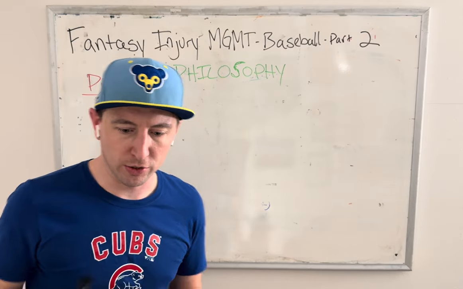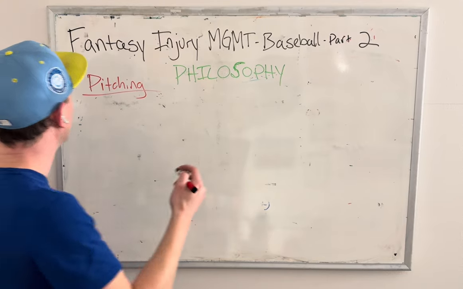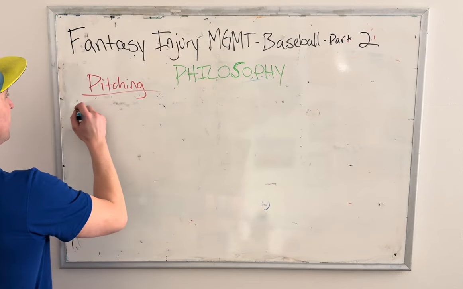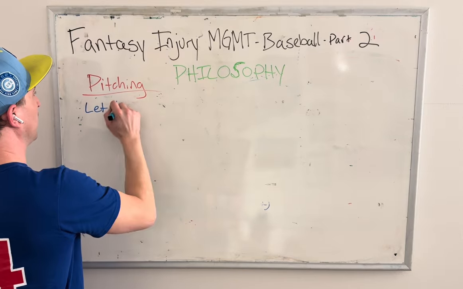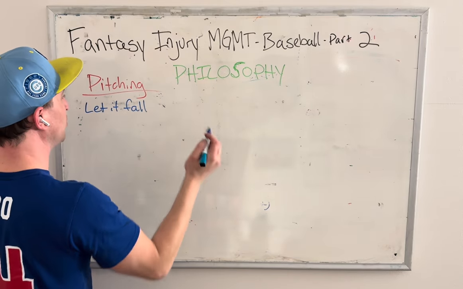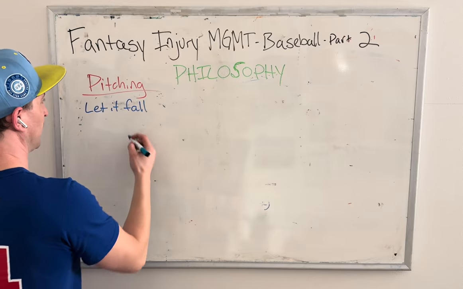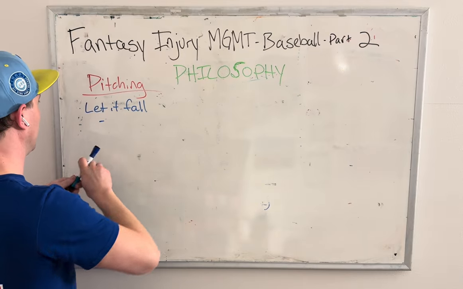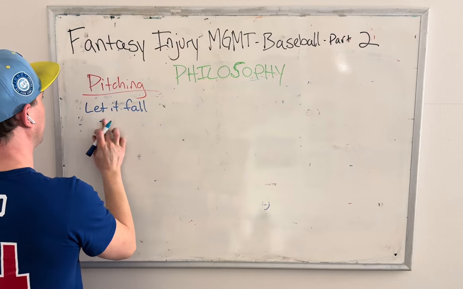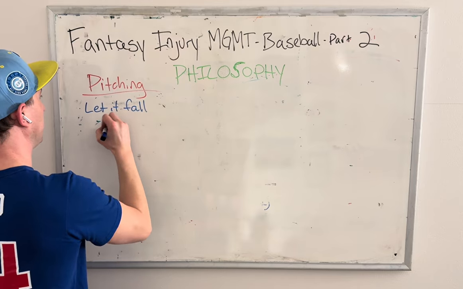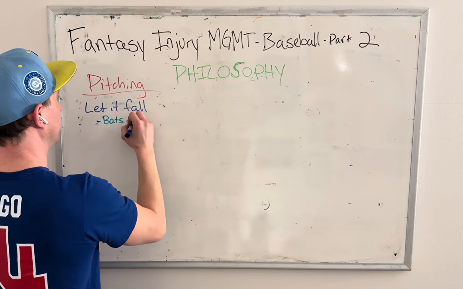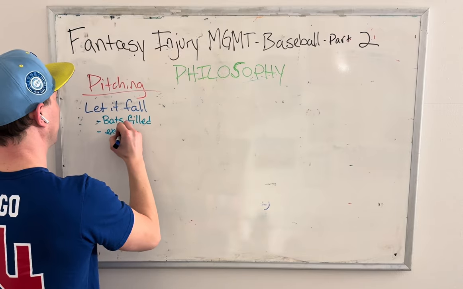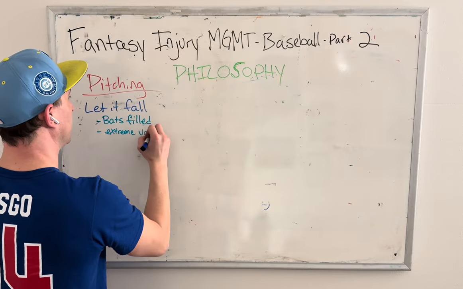All right, so as we discussed earlier, you want to let it fall. Let it fall until you can't help yourself any further. Let it fall. Bats filled or extreme value.